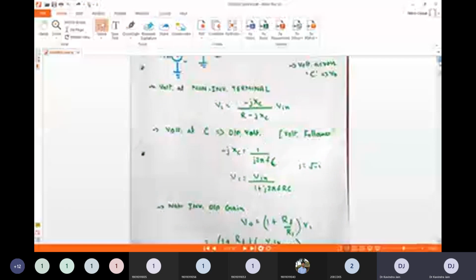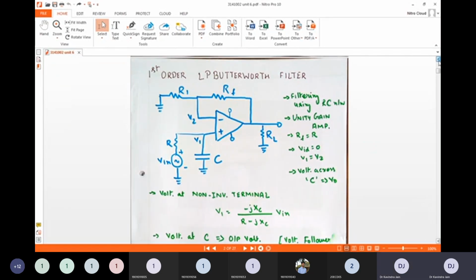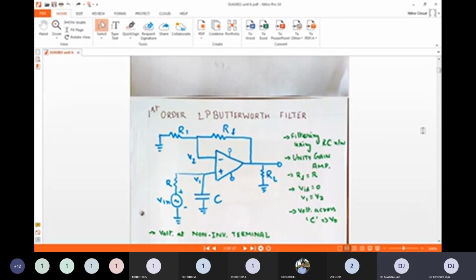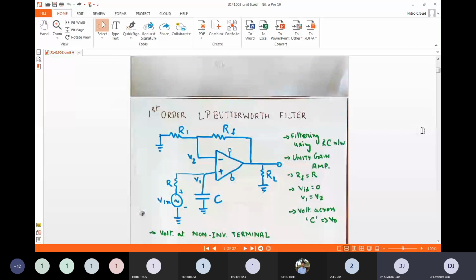In this circuit, see the value of R1 and RF. Now you need to put the value of R that you have calculated and the value of C that you know. RL is approximately 1 kilo ohm. Then your designing part of the op-amp would be complete.